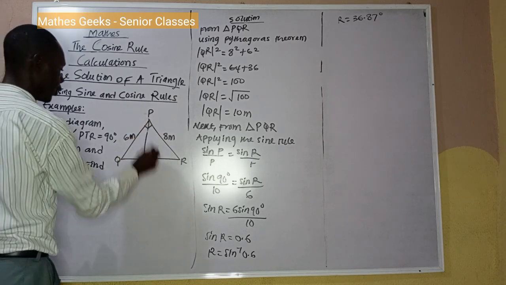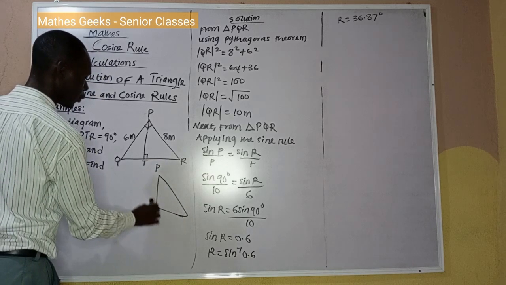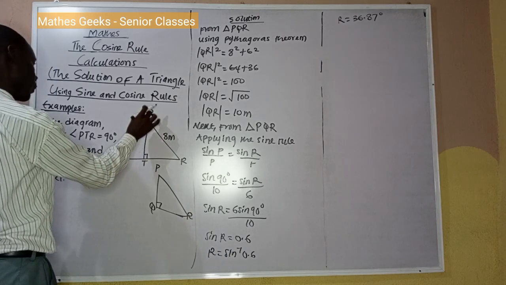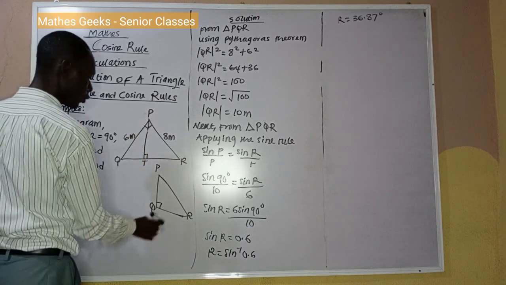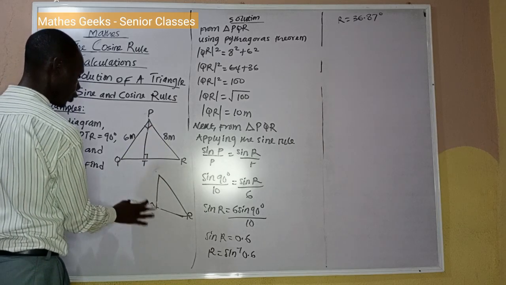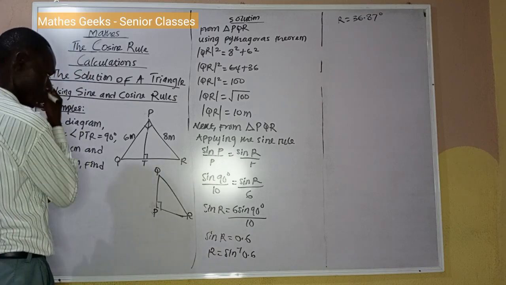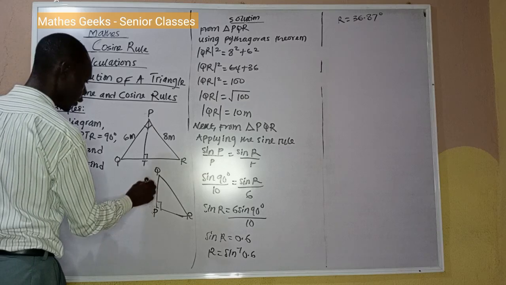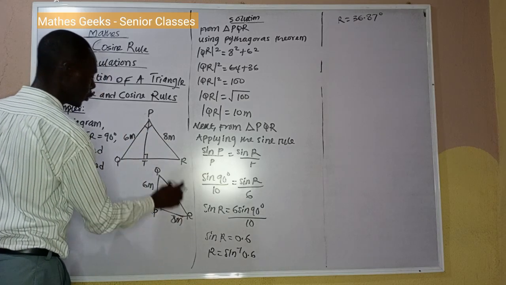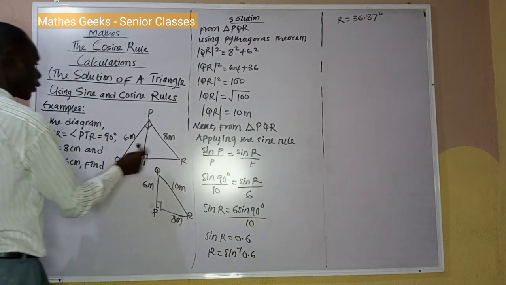So PQR: P is 90 degrees, the angle between PQ and PR, so PQ would be 6 meters and PR would be 8 meters. We look for the hypotenuse, QR, which is 10 meters by Pythagoras theorem.